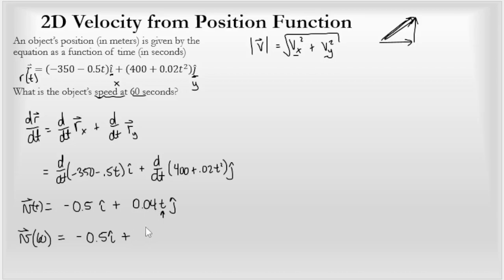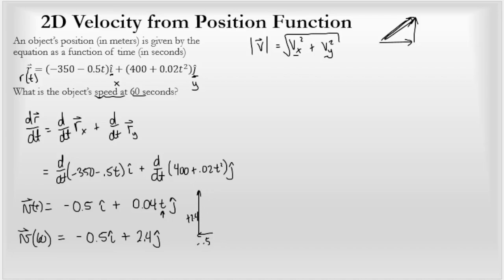Well, that's 24, but you move it over a decimal place. 4 times 60 is 240, and then move it over 2 decimal places. So 2.4, and that's in the j hat direction. So this velocity vector would be negative 0.5 in the x direction, and a positive 2.4 in the y direction.